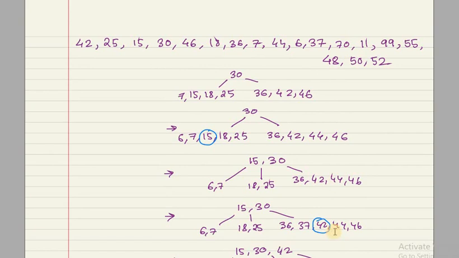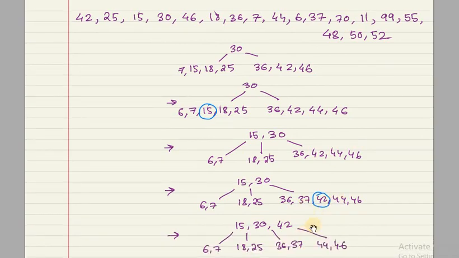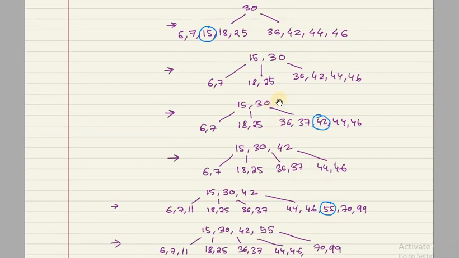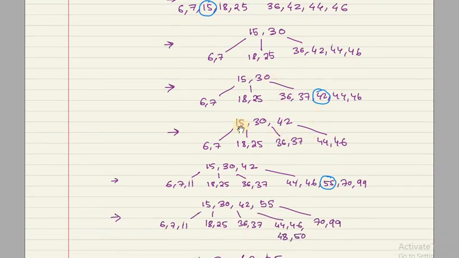Even before adding 70, when you made it 37 here, you have already crossed the limit, because for a particular non-root node you can have maximum 4 keys, but here we have 5 keys. So again the same treatment has to be done. The middle element will be taken to the upper level, and then we have 15, 30 and 42.